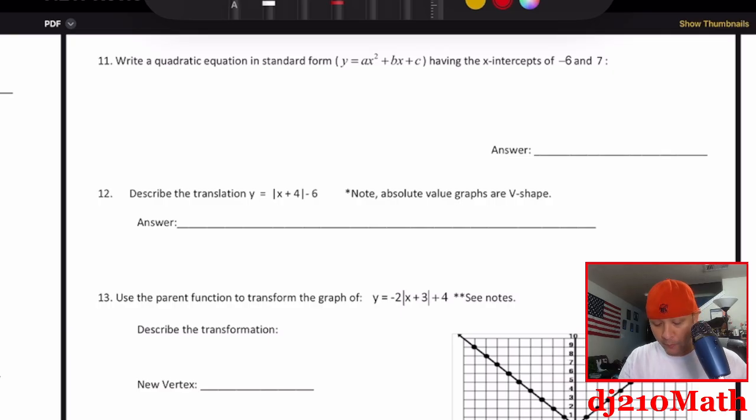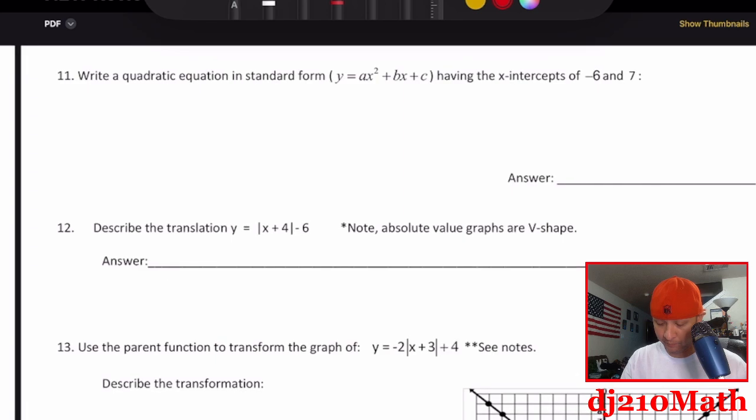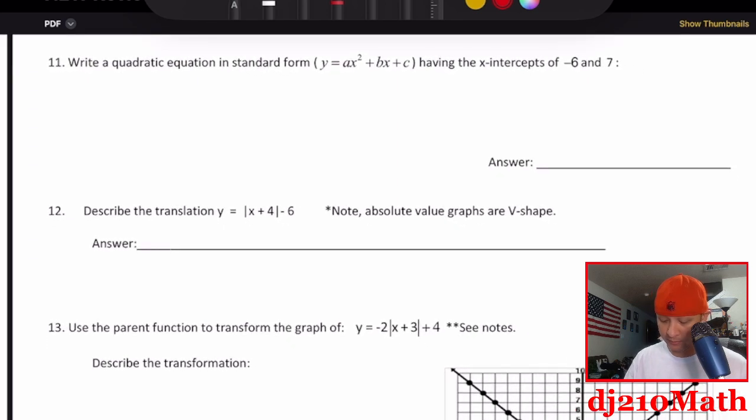Write a quadratic equation in standard form having x-intercepts negative 6 and 7. So we take the x-intercepts, x equals negative 6, x equals 7, right? Because these are the x-intercepts, they're the roots. So we have to start with those. That's all we have. Then I turn these roots into factors.